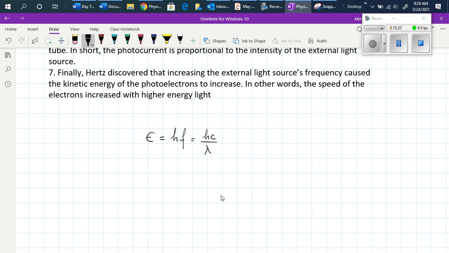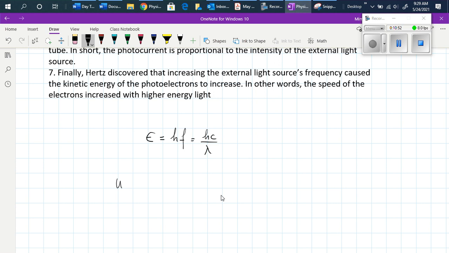In Einstein's explanation, he assumed that the electrons on the surface of the metal were held with a certain amount of binding energy. For the electrons to become free of the metal, this binding energy has to be overcome. Einstein called the energy required to overcome the binding energy the work function.